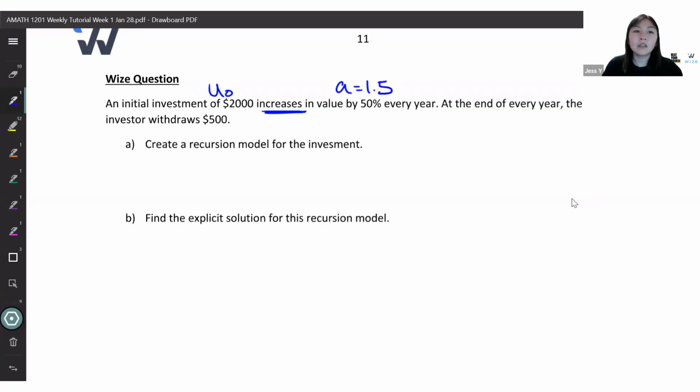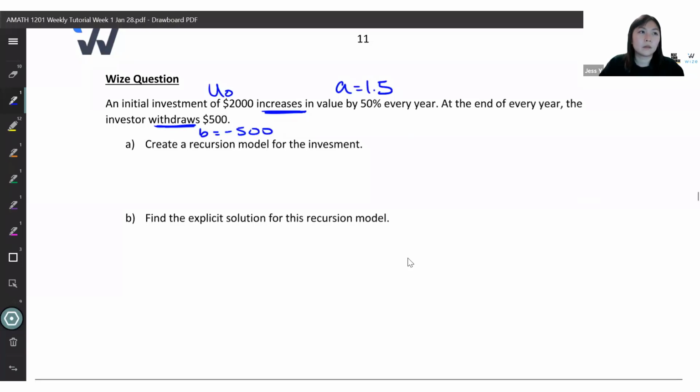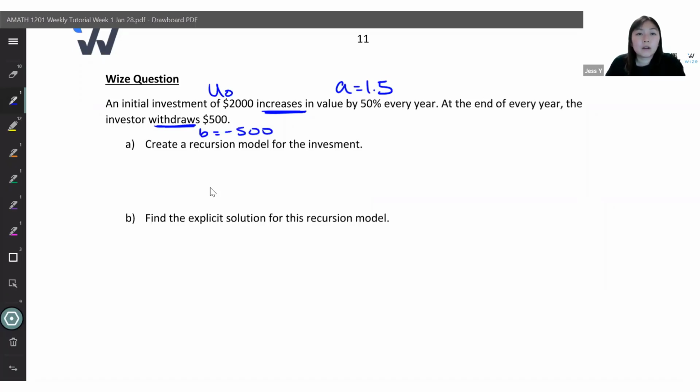And then at the end of the year, the investor withdraws. Remember, withdrawal is your B, right? Takes away 500. So that's your B is negative 500. So part A, we want to create a recursion model for this investment. So we want to figure out the next year, the T plus first year.